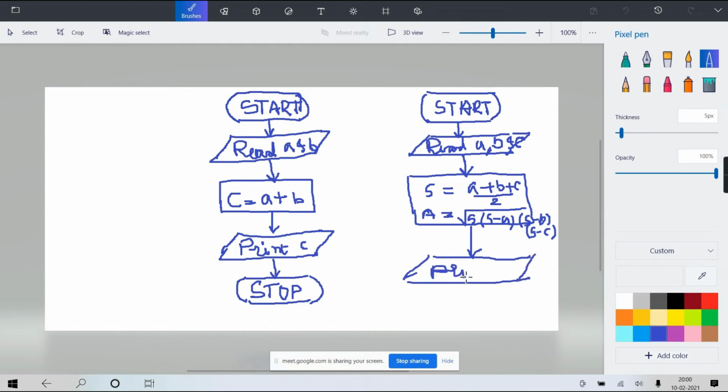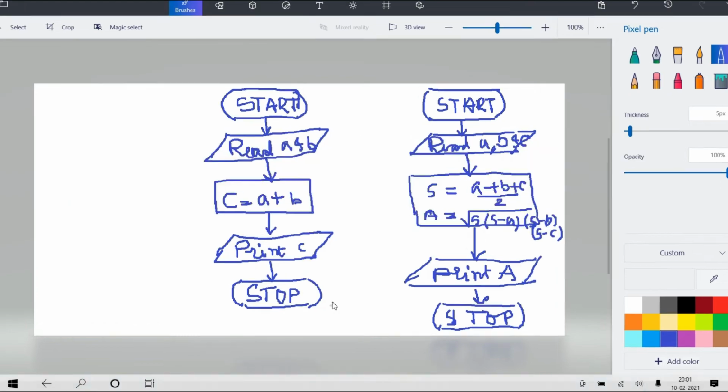So I'll just print area and then this indication of finish. Okay, that's simple. These two examples are sequential, no decision. Therefore, it was quite simple to show you.